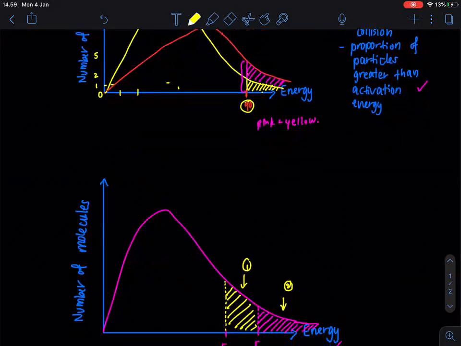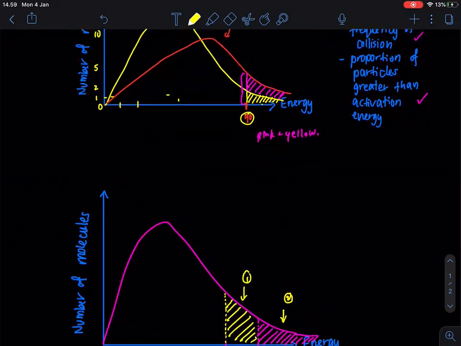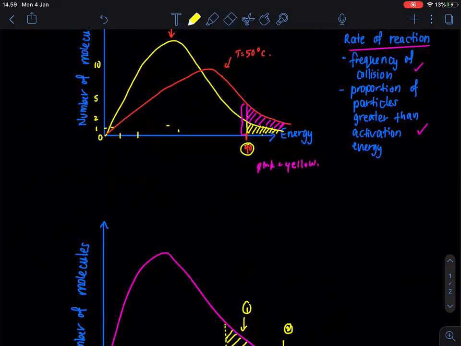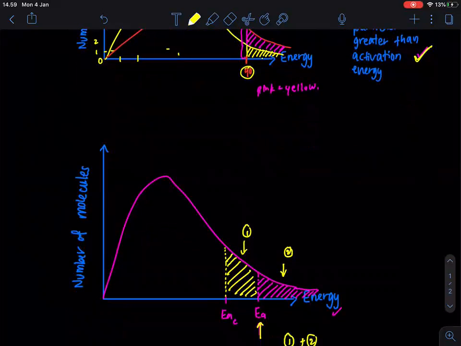So here you will have more particles having more energy. In this case, not so much on the frequency of collision, but more towards the proportion of particles having greater than activation energy. So once you have that, that tells us that this is going to have more successful collision, and this reaction is going to happen at a faster rate.